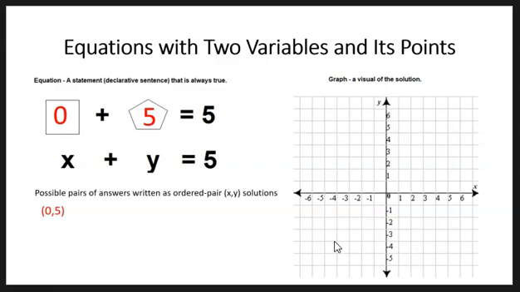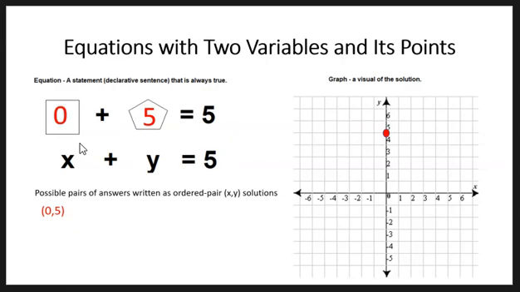That's why for 0, 5, you're going to put the point up here. Why? Because that point is on the 0 on the x and 5 on the y. So that point, one single dot, is really a pair of solution. That point is 0, 5 because that's the pair that when you add, it gives you 5.